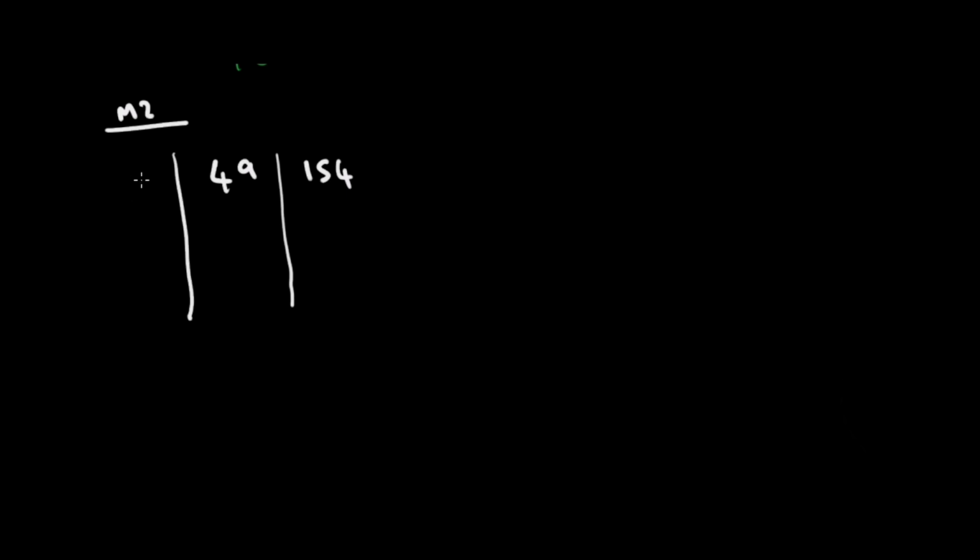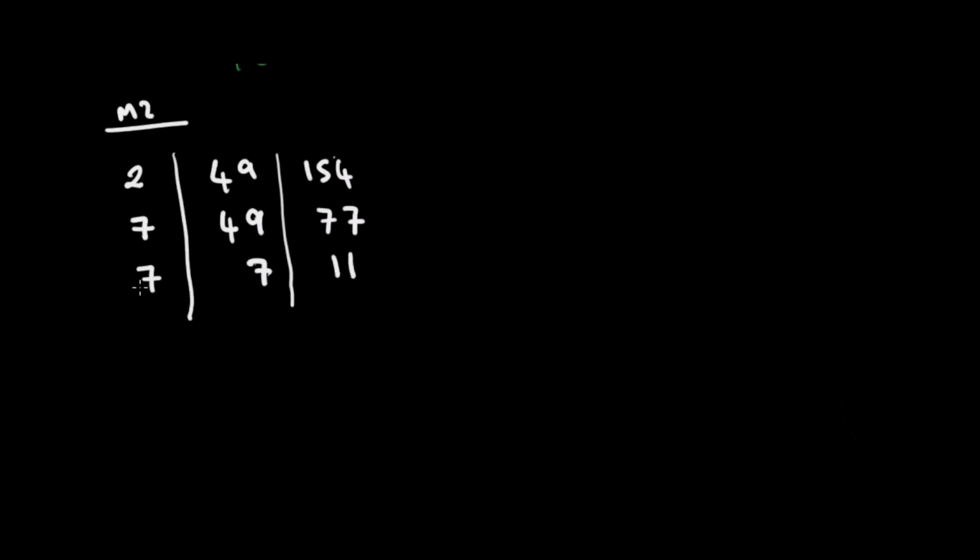So let's start with 2. 2 into 49 does not go in perfectly, so 49 comes down as it is. Then 2 into 15 is 7, remainder 1, then 2 into 14 is 7. So 2 into 154 is 77. Now we look for the smallest factor that goes into either 49 or 77. In this case it is 7. 7 into 49 is 7. 7 into 77 is 11.